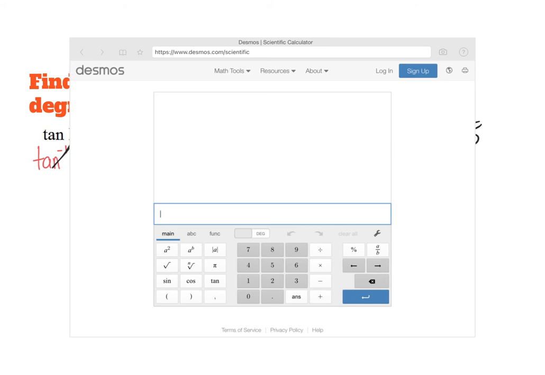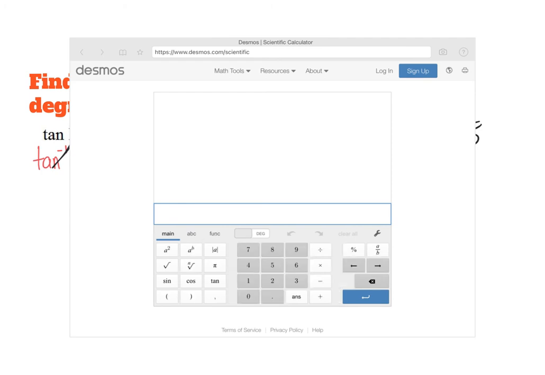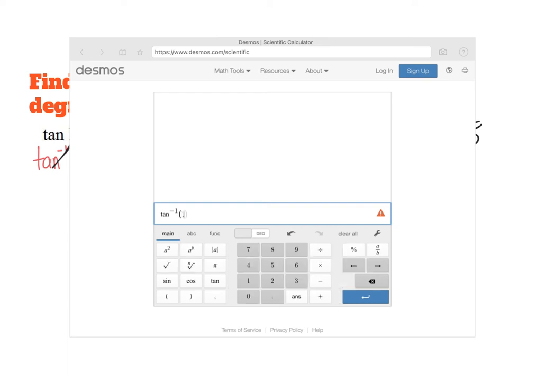When I pull up my graphing calculator, I know that I want the inverse. Depending on the calculator you use, you might have to move around. I went from main on my decimals calculator to function, and I'm doing tangent, so inverse of, going back to main, 0.6009, close parentheses, and you're going to get some decimal.